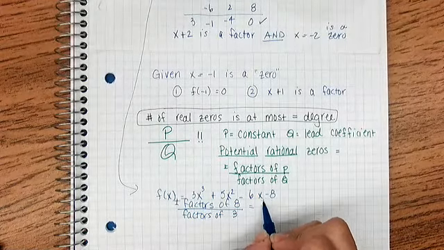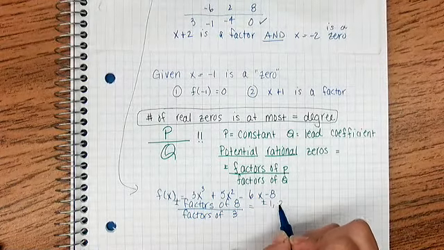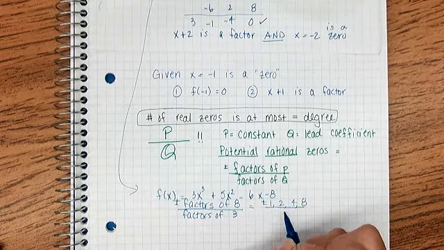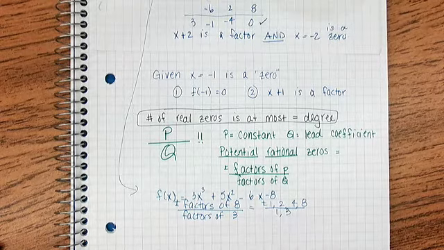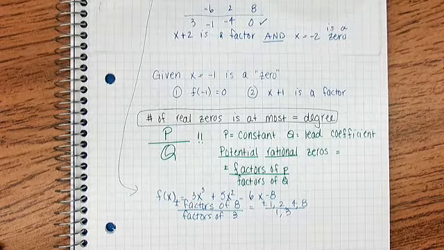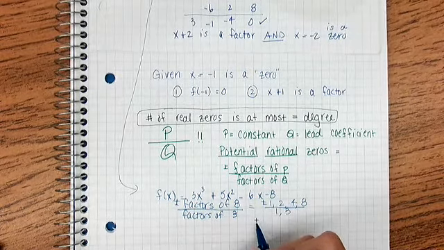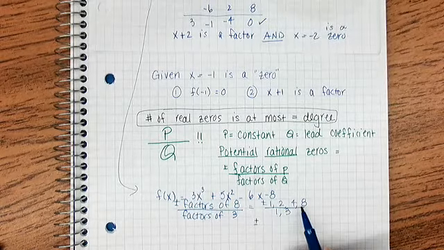The factors of 8: 1, 2, 4, 8. The factors of 3: 1 and 3. You don't need to write the plus or minus every single time. Your book does. I don't require that. Just write the plus or minus once. You do need to spread this out.